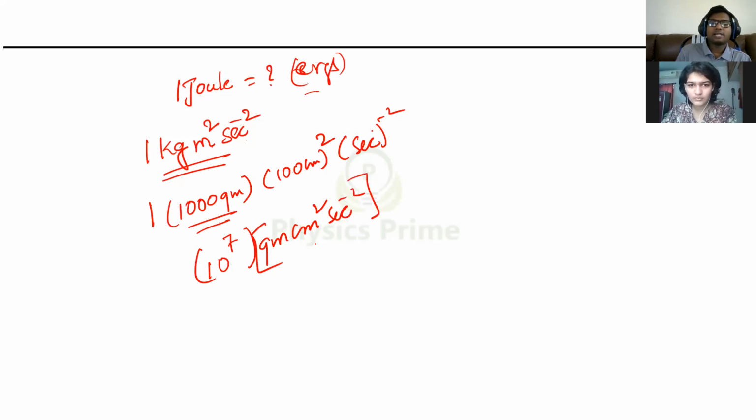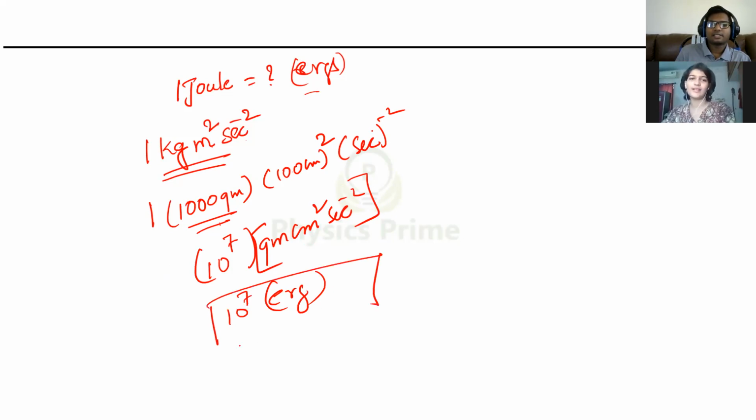Gram centimeter square second inverse 2 is nothing but erg. So 10 power 7, that's it. In competitive exams, I'll just follow this procedure to avoid wasting time on conversions. But the technical procedure is that if it is asked in your board exams, you have to follow that procedure. Got it?